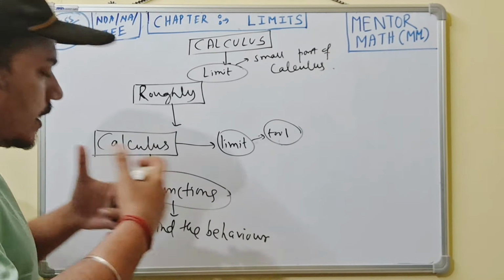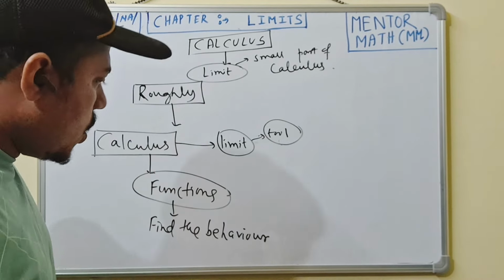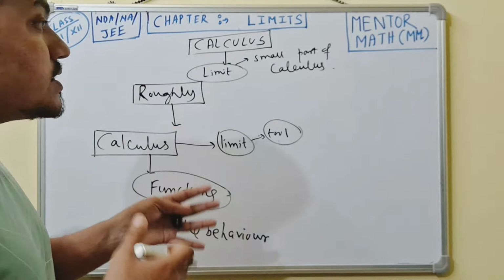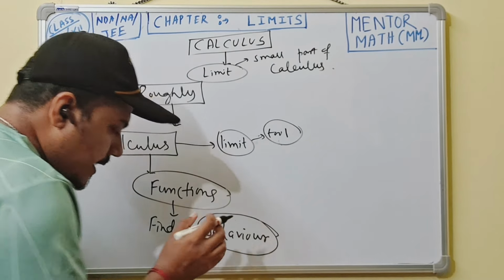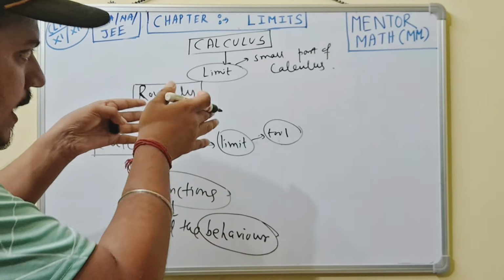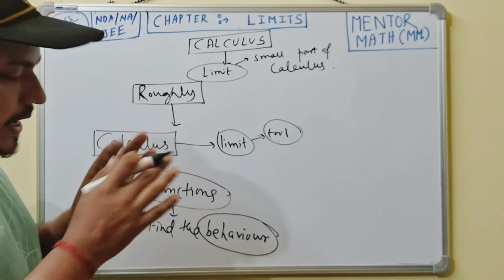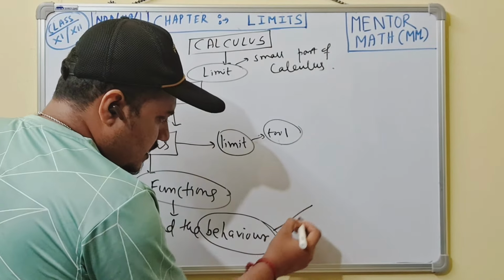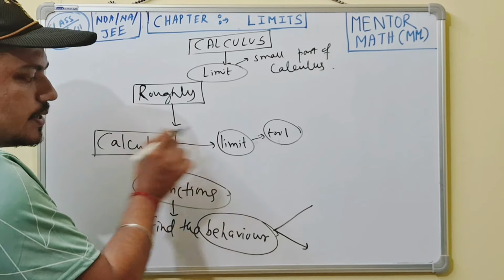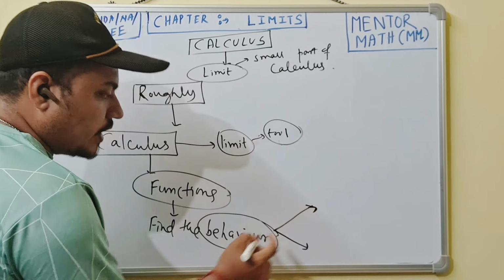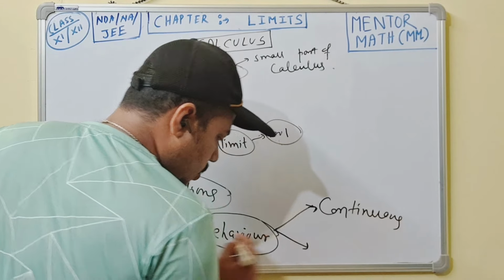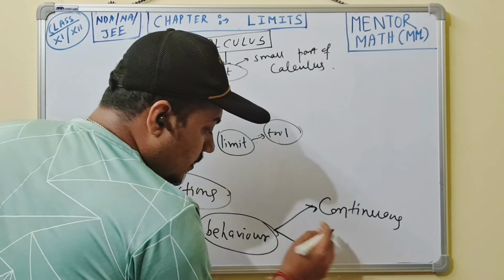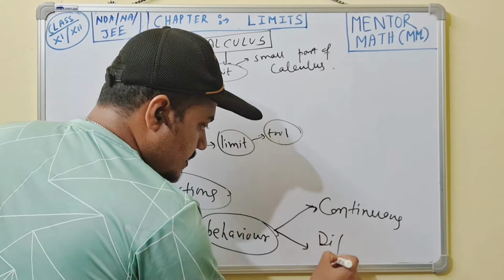Now, how many ways can we find the behavior? There are mainly two types of behavior we have to check in this small part of calculus. Using limit, you can check whether the function is continuous, or whether the function is differentiable.